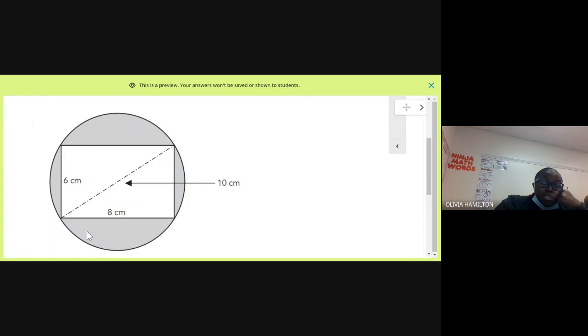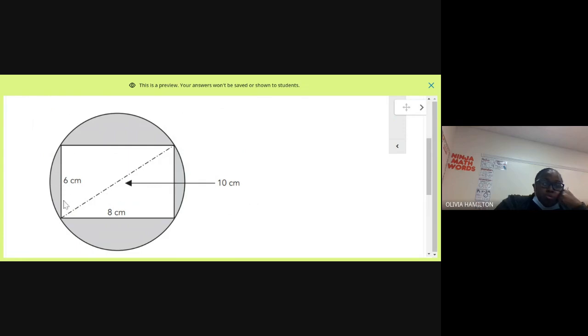For the rectangle, it is pretty simple. The base, which is the bottom of the shape, is 8. And of course, the height is 6. Because remember, the height starts at the base and goes to the top of the shape.